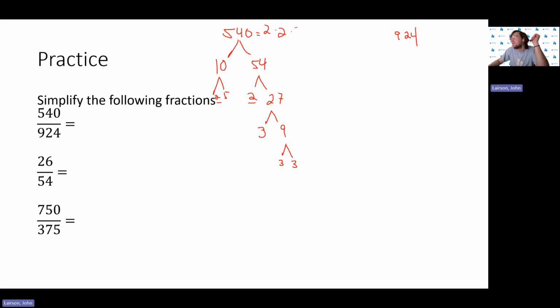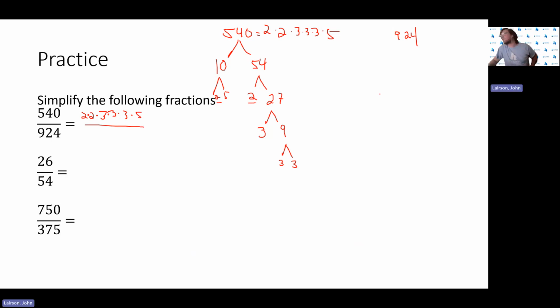How many 3s? 3 3s. These are times. And 5. Times 5. I should use the times symbol so it doesn't look like 22. So 2 times 2 times 3 times 3 times 3 times 5.